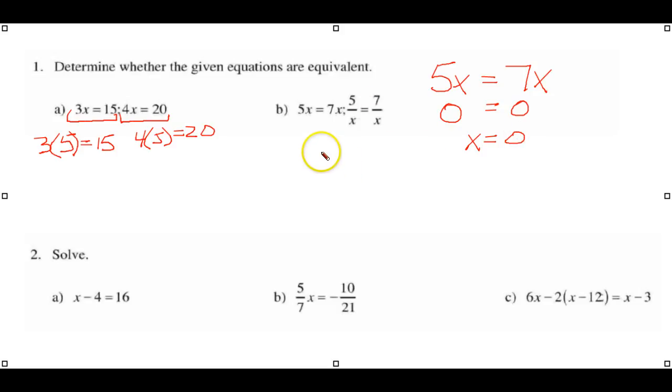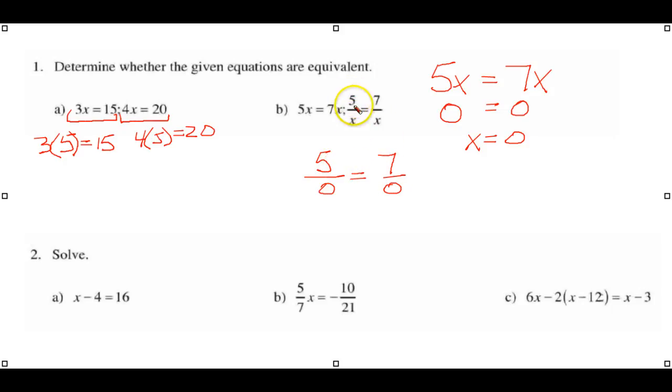Now, how about this? 5 over 0 equals 7 over 0. Well, first of all, we can't have any mathematical expression in which we are dividing by a 0. And so this is not true in the first place.